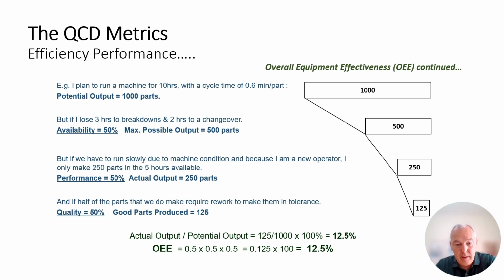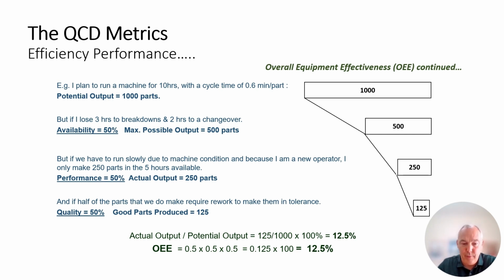And applying the final level of the OEE calculation, the quality element, in this example, only 50% of the parts that were produced by this process were right first time. The other 50% required some rework or were scrap and were lost from that capacity calculation.